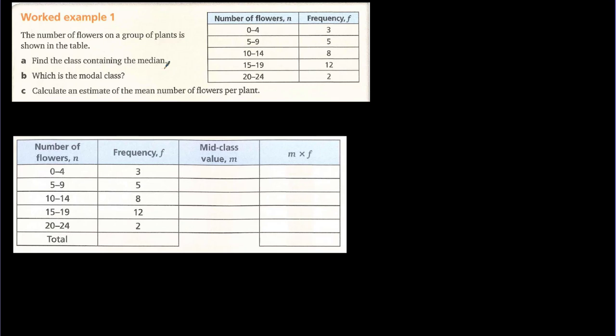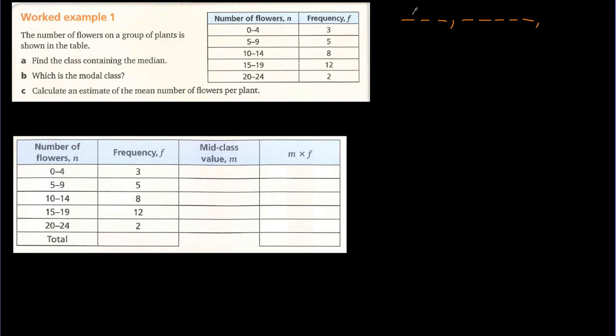So find the class containing the median. If we write the number of flowers in groups, the first group is 0 to 4, where we have 3 plants. 5 to 9 we have 5 plants, like this.